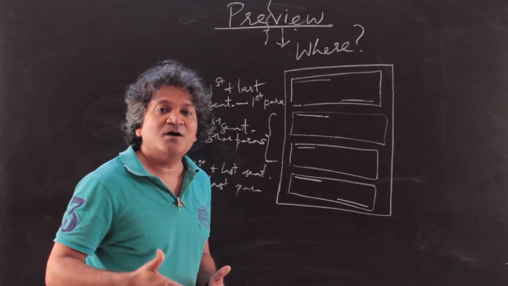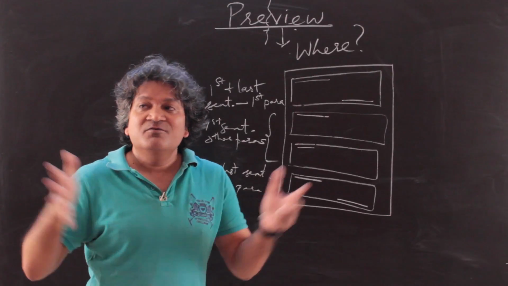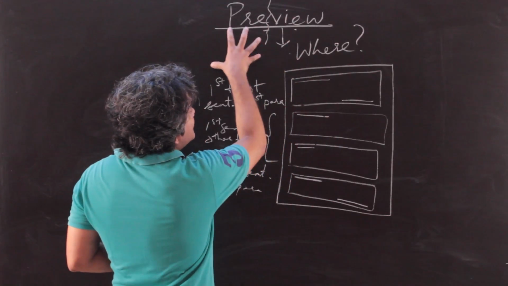You know what is going to come. You're not shooting in the dark anymore. You're not driving when there are no lights and everything. So you just know what it is. So that is the logic of preview.